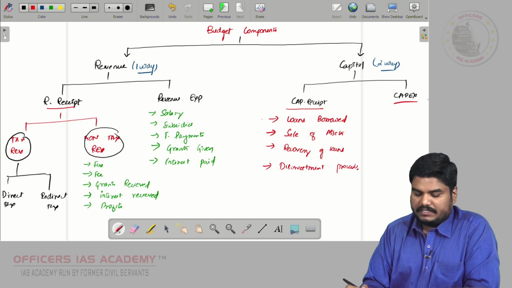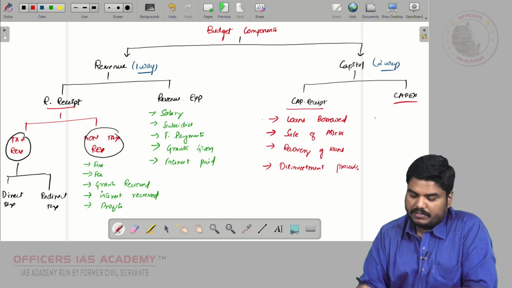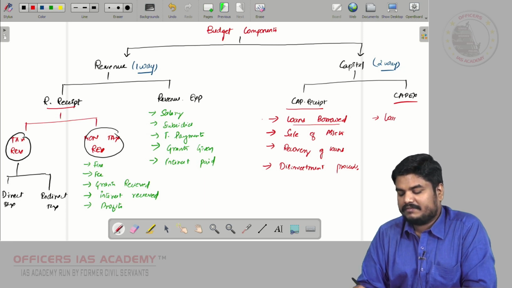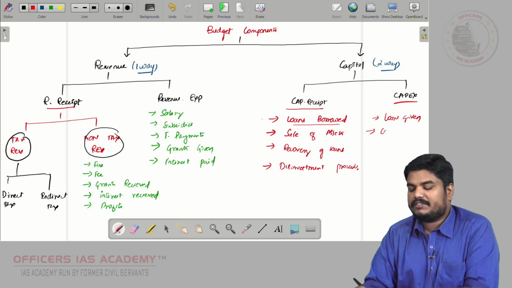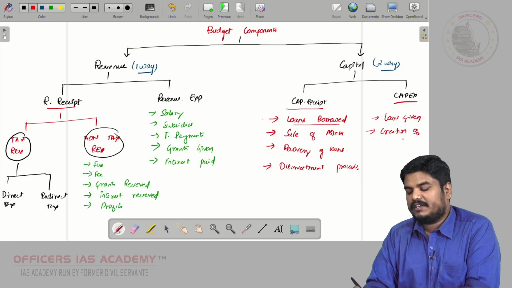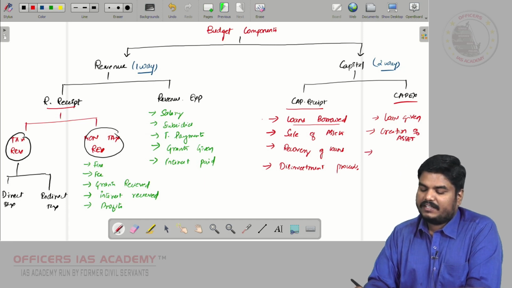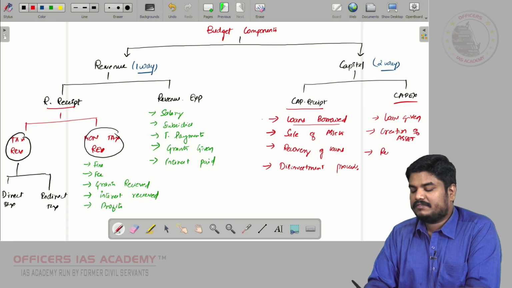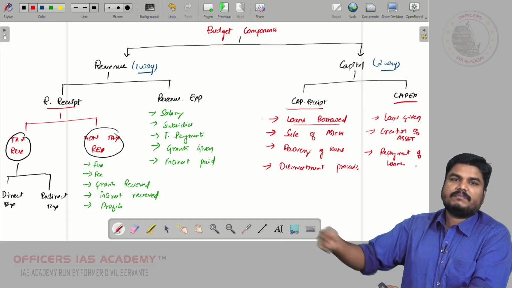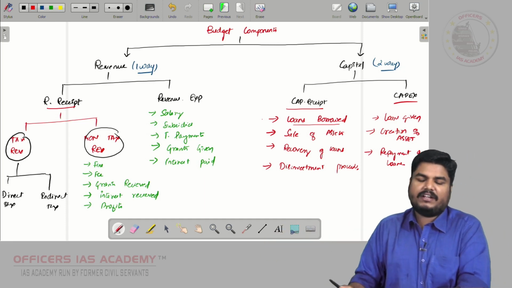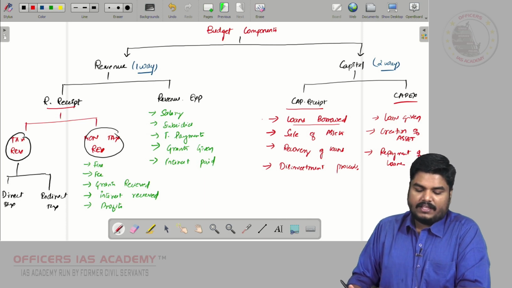Under capital expenditure I was mentioning the opposite: loans given, creation of assets, then repayment of loans, then disinvestment, which means investments in shares. You can bring it under capital expenditure.